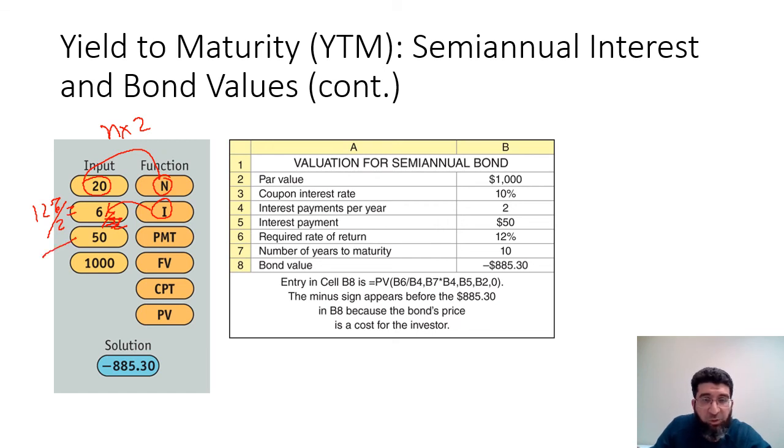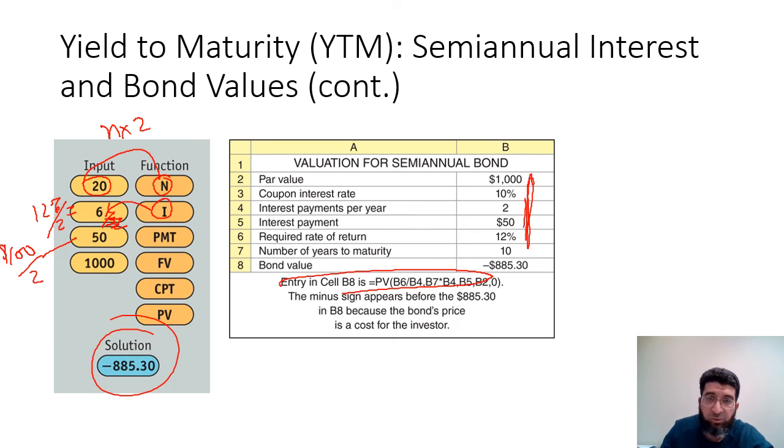The payment was $100, we divide by 2, and so we input all these values, we get minus 885.30. A similar calculation can be done by using the formula here, but you have to manually change the values according to the duration or the time periods that are used in the question.